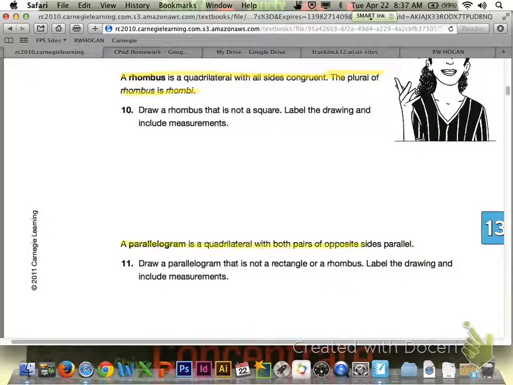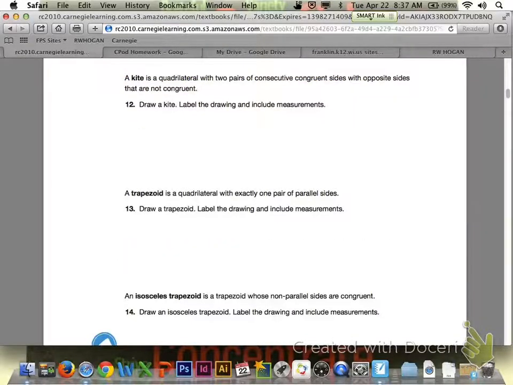A parallelogram is a quadrilateral with both pairs of opposite sides that are parallel. A kite is a quadrilateral with 2 pairs of consecutive congruent sides with opposite sides that are not congruent. A trapezoid is a quadrilateral with exactly 1 pair of parallel sides.